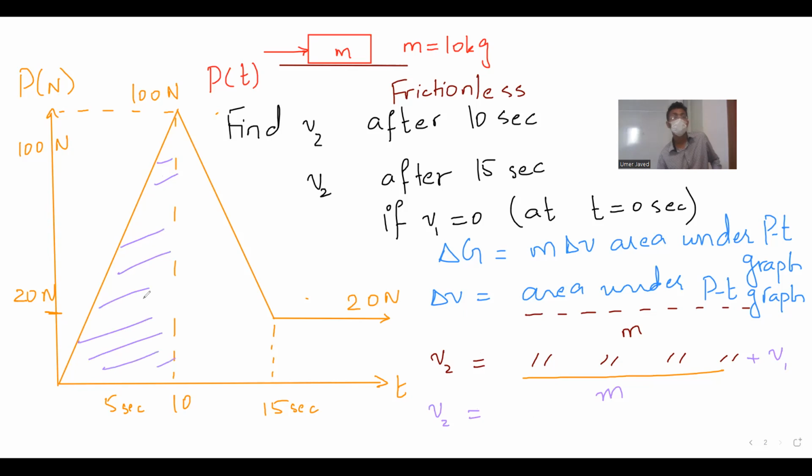So I suppose 100 multiplied by 10, so that is 1000, divided by... 1/2 base into height. So it gives me 1/2 base, which is 10, into height, plus V1 which is 0, and V2 comes out to be 50. So I suppose this is how he found it. Okay.